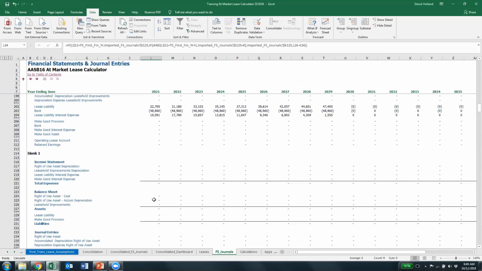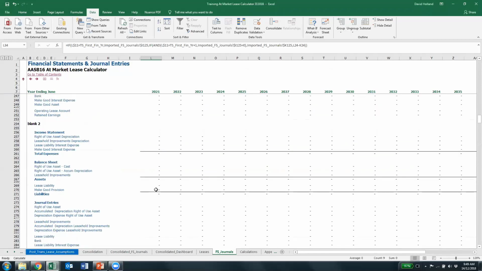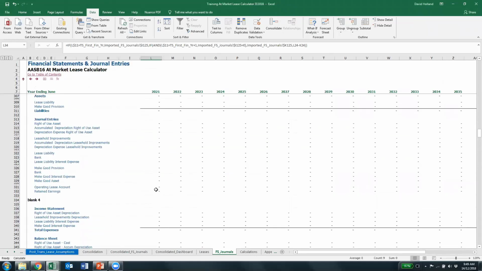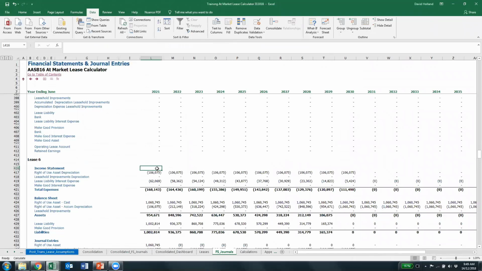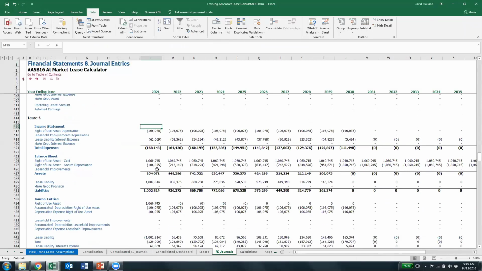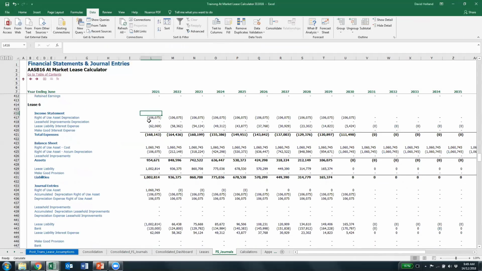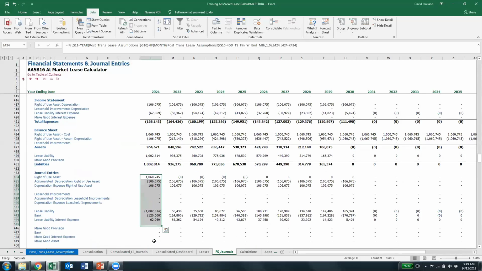Now, there were several blanks because the first 10 leases in this FS Journals tab are for your 10 transition journals. So the new lease you've put in the post-transition, you need to scroll down a bit further. It starts basically as lease 11 in this example. And you can see here that this has brought in a new lease, income and balance sheet. It's brought in new journal entries. So it's created a right of use asset, lease liability, etc. for your new lease.